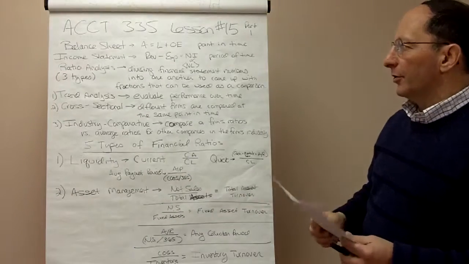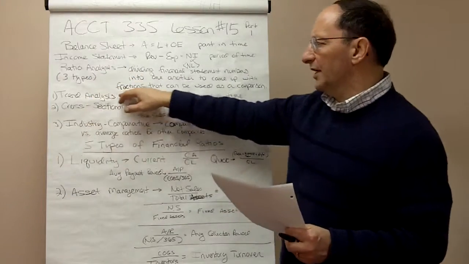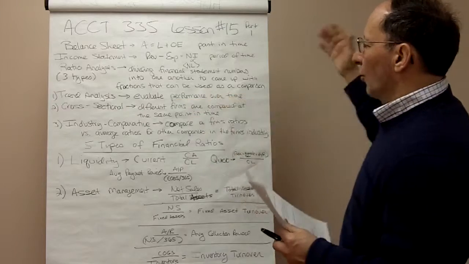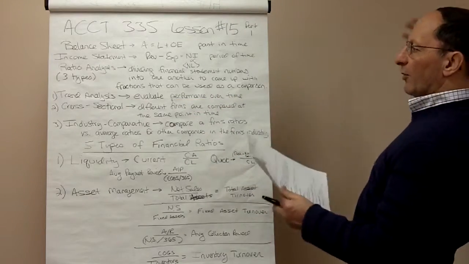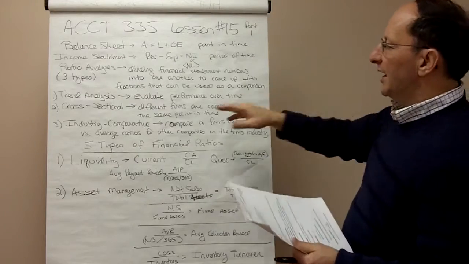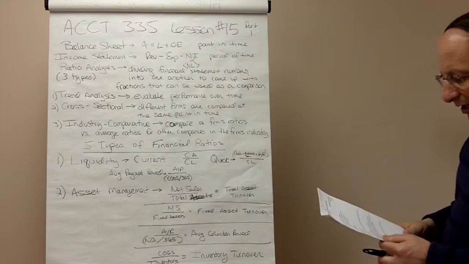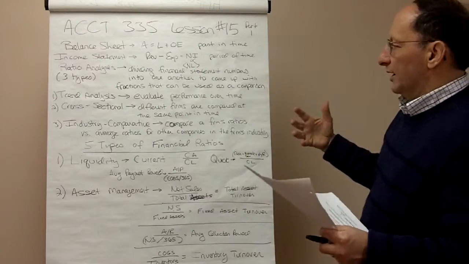Three types of analysis that we do for ratio analysis. Trend analysis, which is year to year, evaluating performance over time. Have our sales gone up? If so, by what percentage? Then we can take a cross-sectional analysis, which deals with different firms compared at the same point in time.